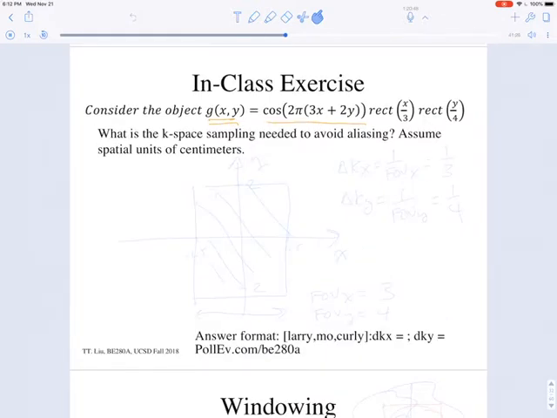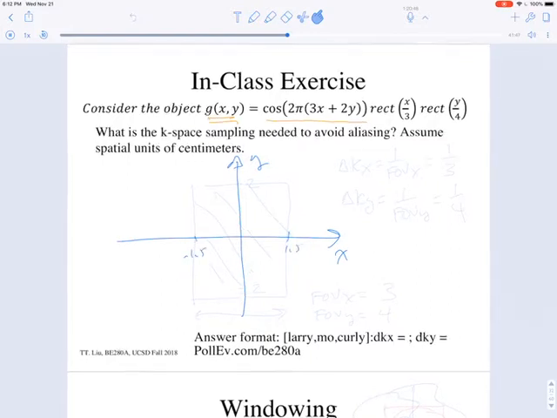Okay, great. So let's sketch our object first, along x and y. How wide is this object in the x dimension? 3, right? So it goes from minus 1.5 to 1.5.